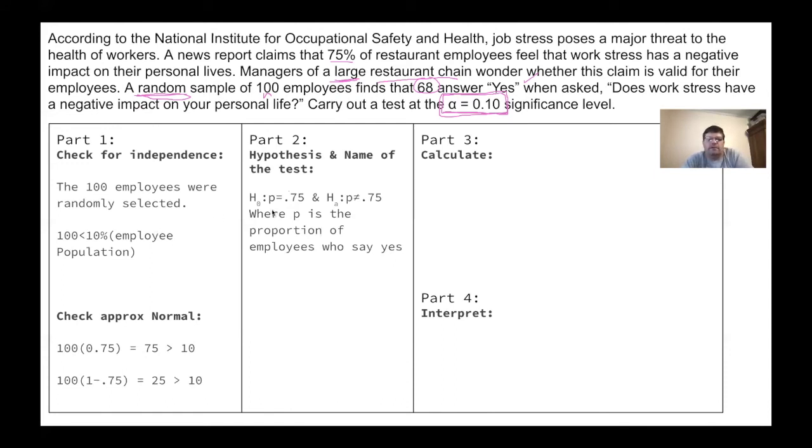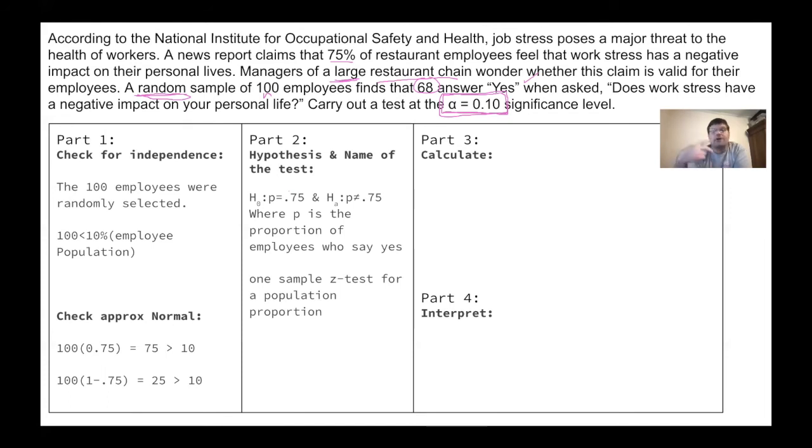So the null is that it is equal to 75% of his employees would have work stress related stress. And the alternative is that it's not 0.75, where P is the proportion who say yes. We're doing a one sample z-test. So now all you have are the confidence interval for proportion and the one sample z-test.